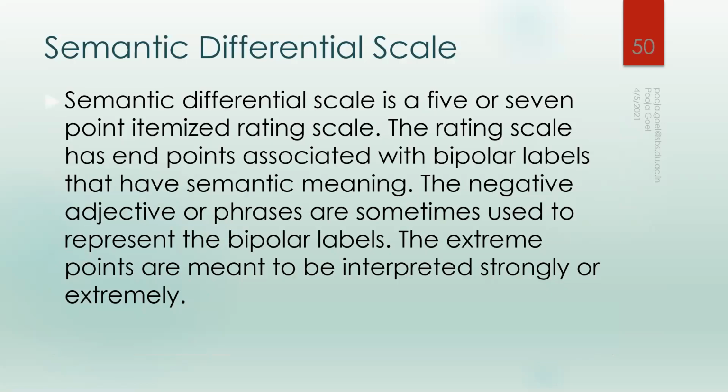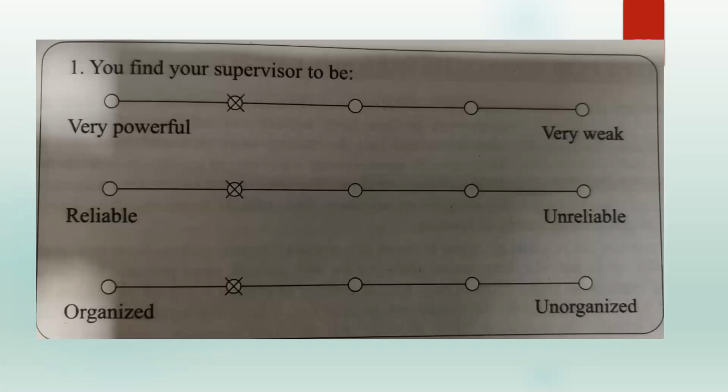Then the semantic differential scale. In the semantic differential scale, we give them a 5 or 7 item rating scale, where we put a bipolar adjective, like you have seen earlier, satisfied and dissatisfied, good, best or worst, right? Like you can see, very powerful to very weak, reliable to unreliable. So we give two extremes, and the respondent is free to tick anything. We are not telling in between.